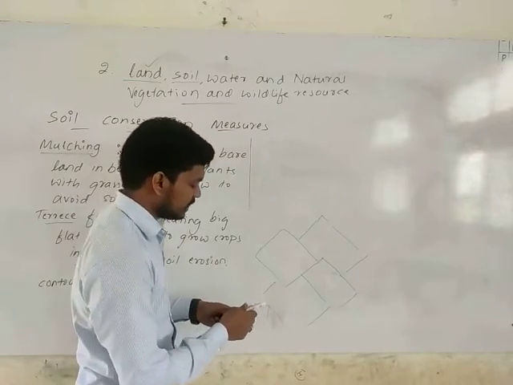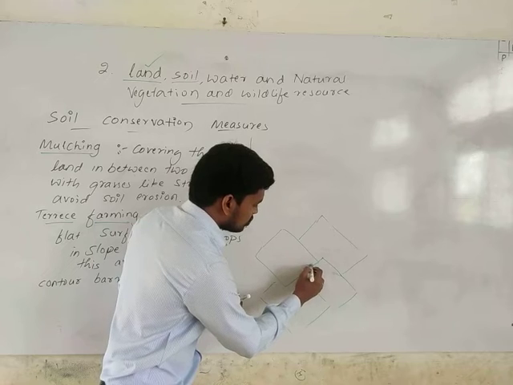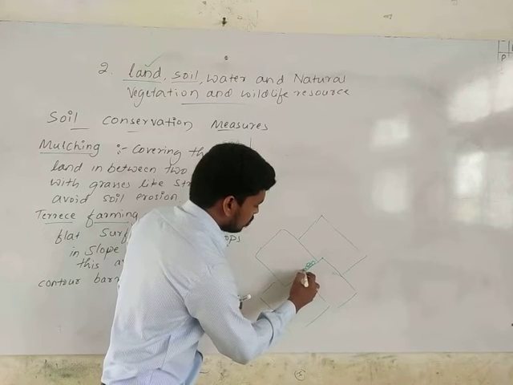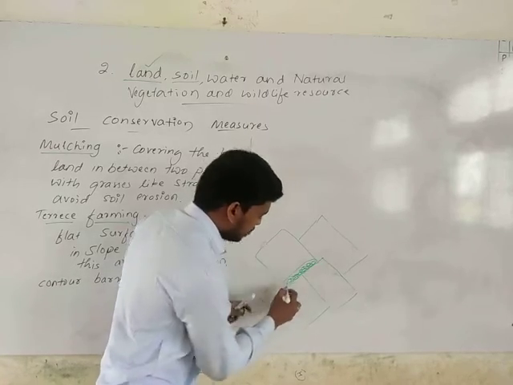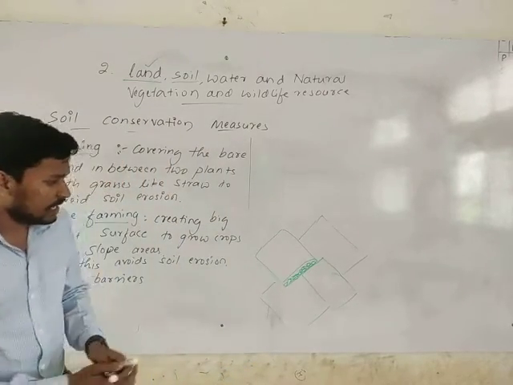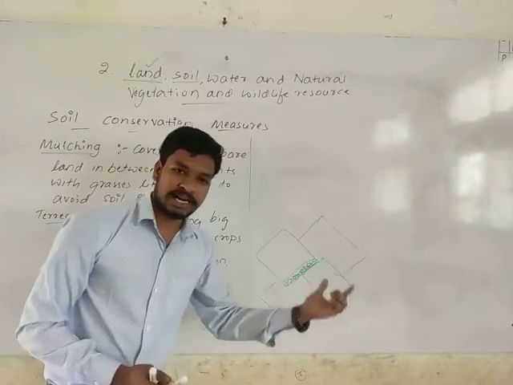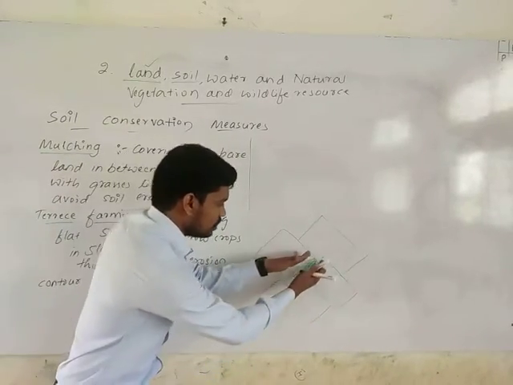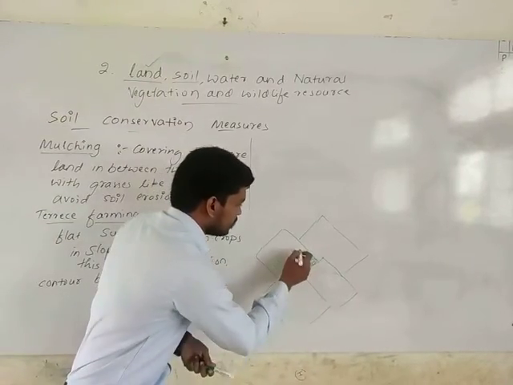So contour barriers use rocks, grasses, mud, soil, anything to avoid soil erosion. They are used to build the barriers.